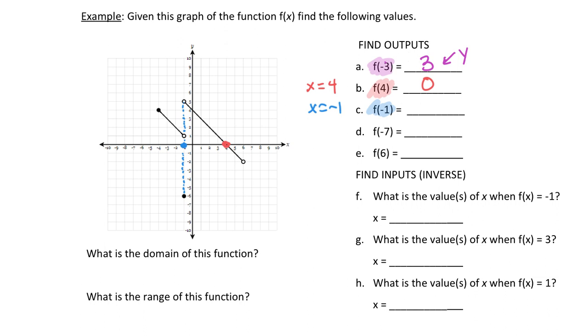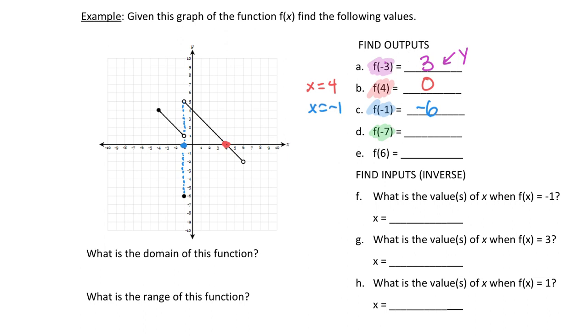So that's the only one that is a closed point. So my y value is -6. If there's any open points, there's no solution there. They're not equal to that value. We've only got that one. So that's a little bit different for you guys. Let's go ahead and go to the next one.